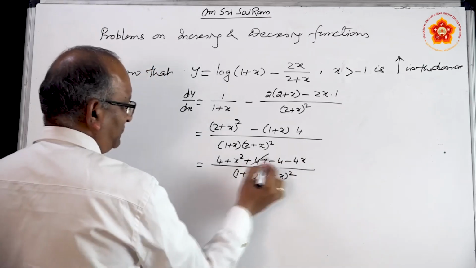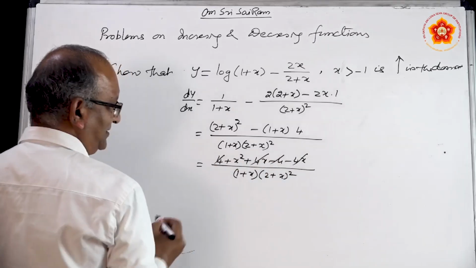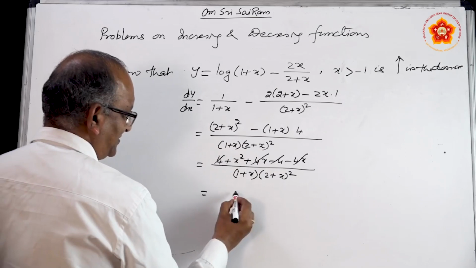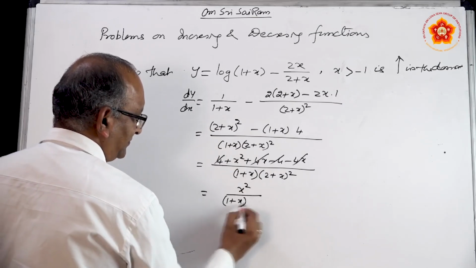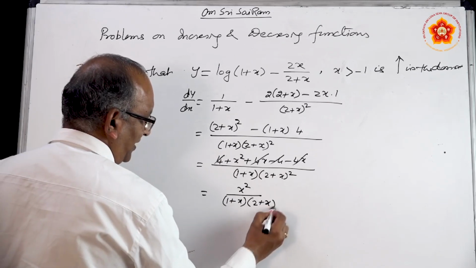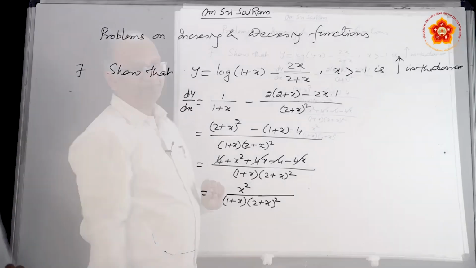Plus 4x minus 4x cancel, plus 4 minus 4 cancels. What we are left with is x square upon 1 plus x into 2 plus x whole square. This is the derivative.